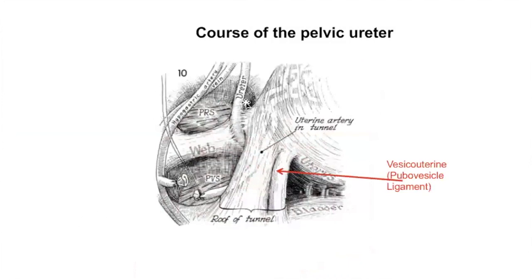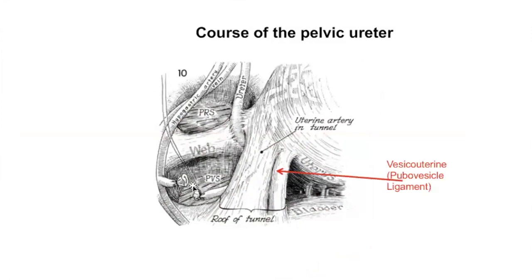Here we see how the ureter courses underneath what is called the ureteral tunnel, part of which is made up of the vesico-uterine or pubo-vesical ligament. But the uterine artery has been removed. Here's the uterine artery.